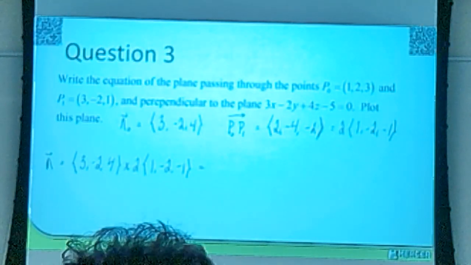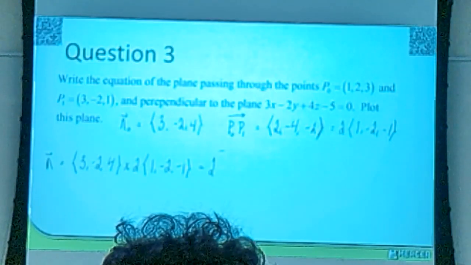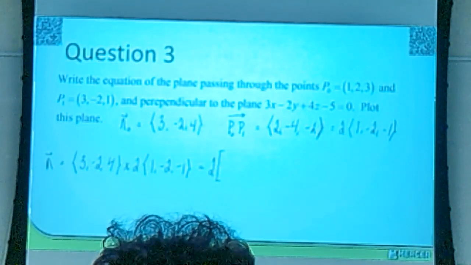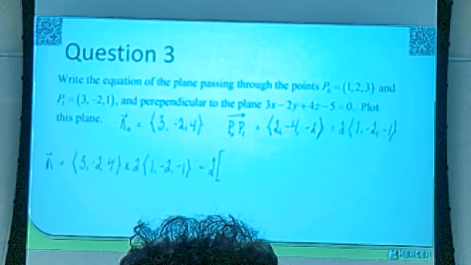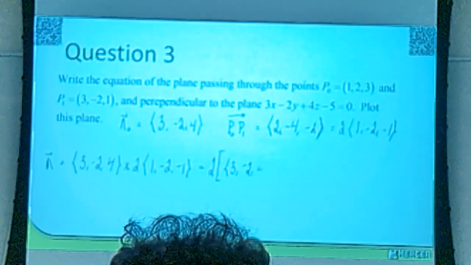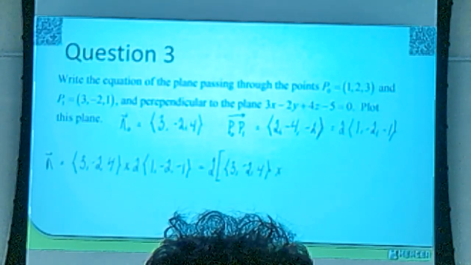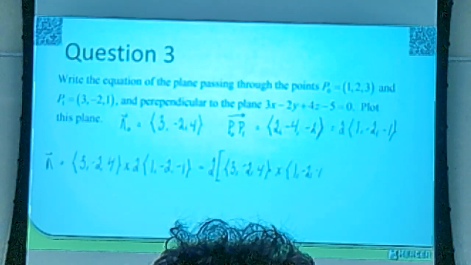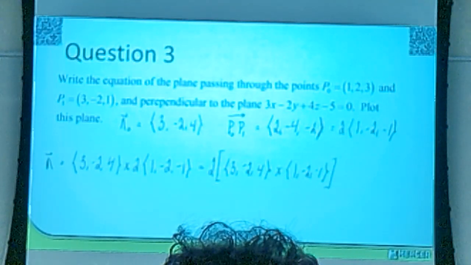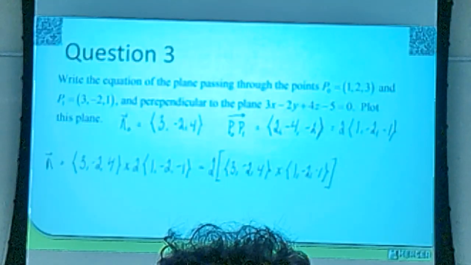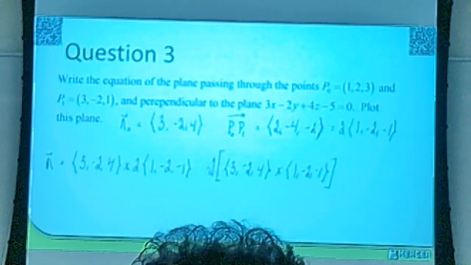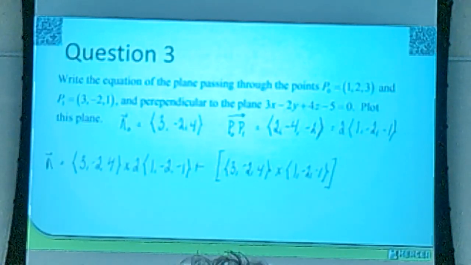Remember with properties of cross products, in fact, it's scalar out. I can just drop that too, because it's scalar, don't need it.